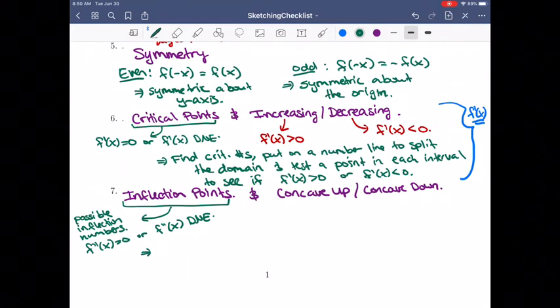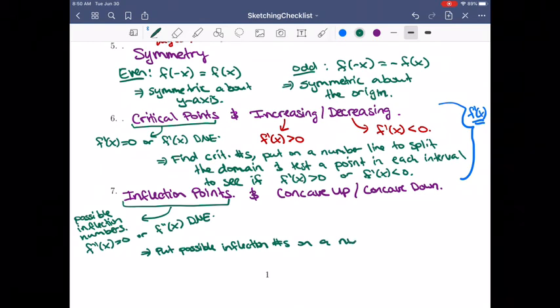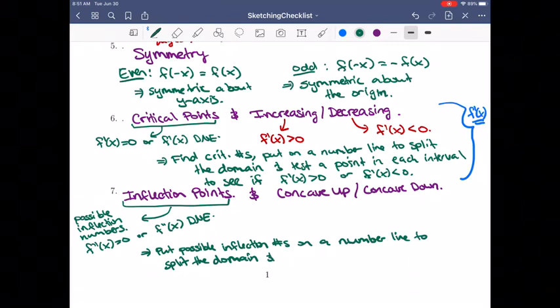So put possible inflection numbers on a number line to split the domain, and test a point in each interval to see if the second derivative is positive or the second derivative is negative.